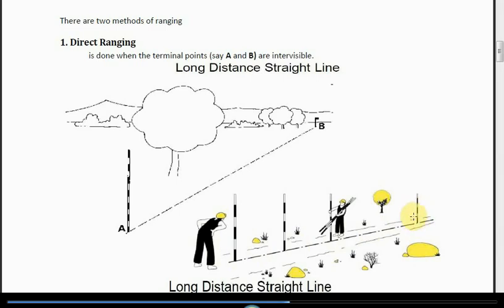And ranging rods are established in between so that we can establish a straight line between point A and point B.